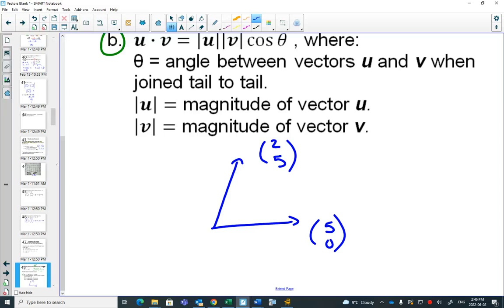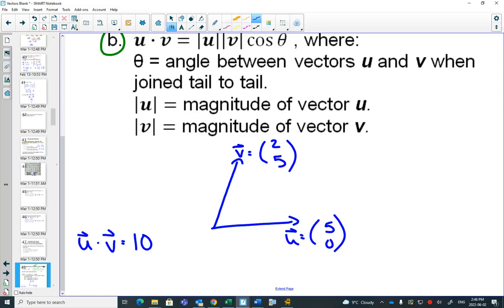So if we did the dot product of, I'll call this one u and this one v, u dot v happens to equal 10. 2 times 5 is 10. 5 plus 0 times 0 is 0. 10 plus 0 is 10.